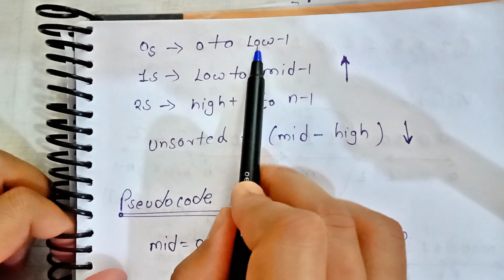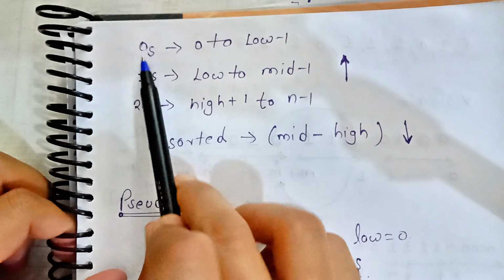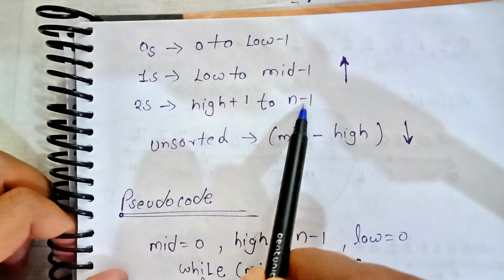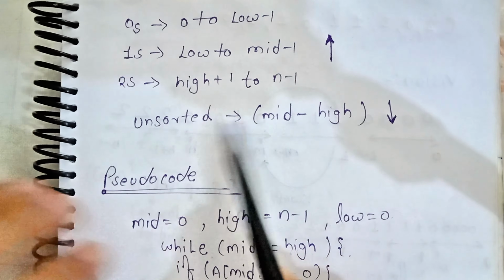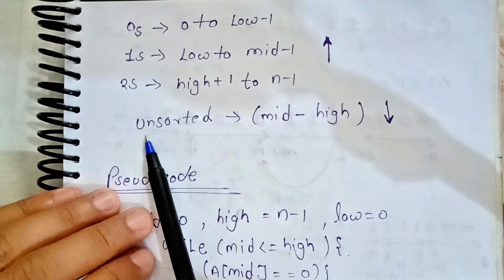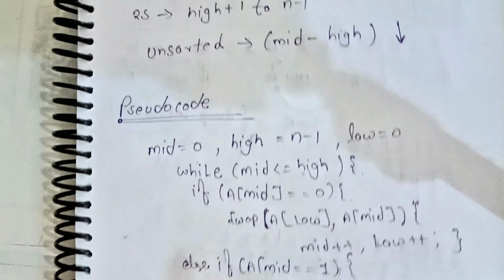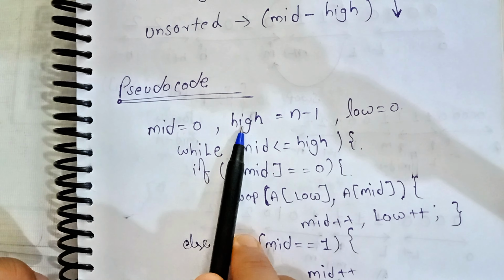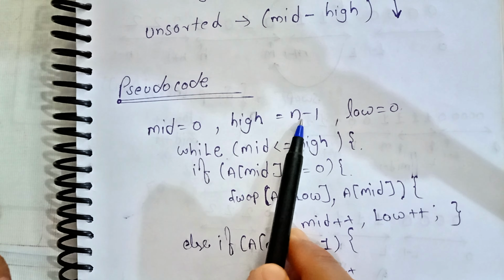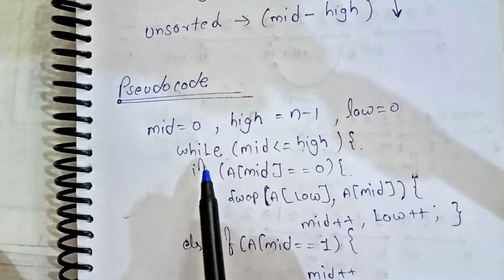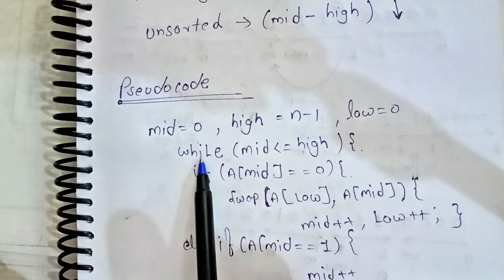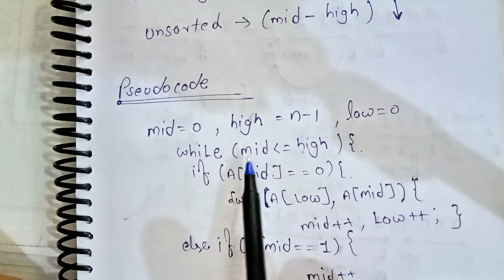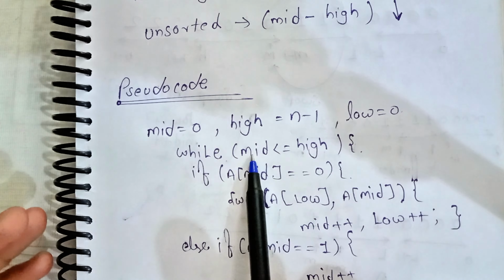So here we have already written where the zeros are, where the 1s are, and where the 2s are. From mid to high, the values are unsorted. The pseudocode of the problem is: we set mid equals 0, high equals n minus 1, meaning the last index, and low equals 0. We use a while loop, and check first if mid is less than or equal to high.